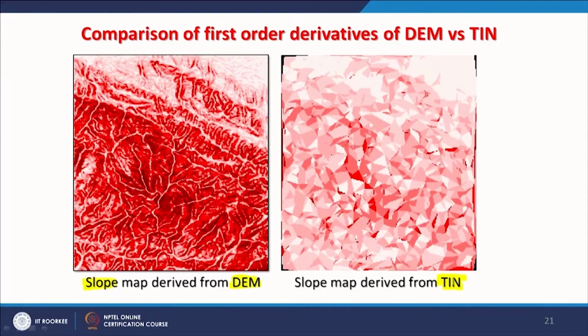So it is not necessary that everything will match on the ground, but what should match is the inclination or slope values, against certain point locations in the field. Whether it is a TIN or raster based slope map, these should match. But when we see in a larger perspective, for the whole area, then the representation of slope maps through two different data representation models can be completely different.